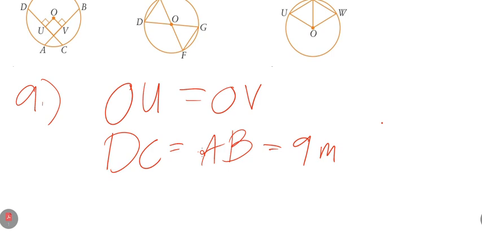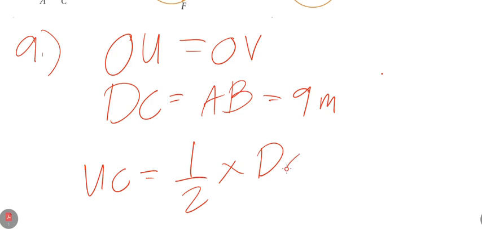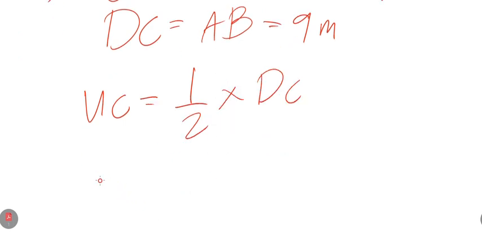So that's going to give us the numbers down here. OU bisects the chord DC, meaning U is the midpoint of DC. So we're going to use an equation here. For UC, it's bisected, remember, the midpoint, right?